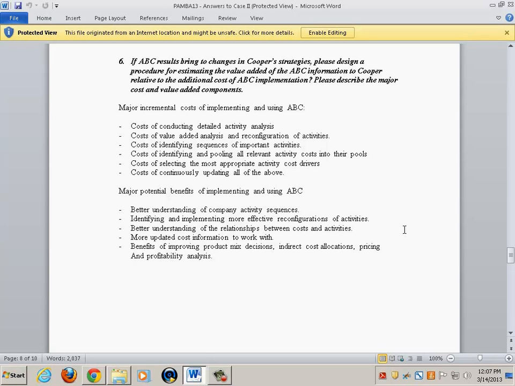So you have benefits in pricing and profitability analysis. Again, value on this is very difficult, and I'm not shift ABC.